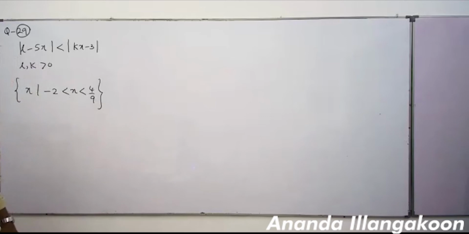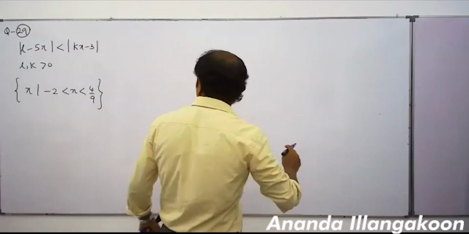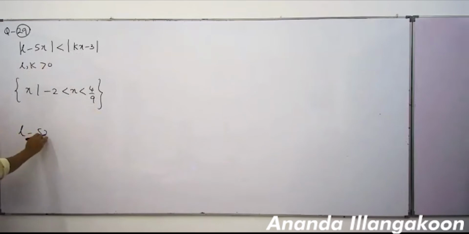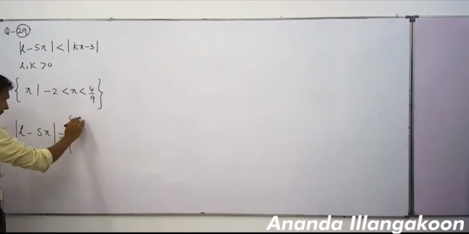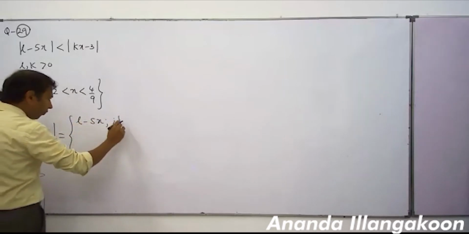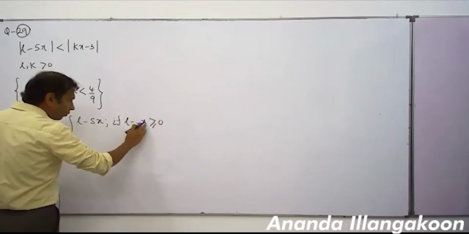Right. So first we define this mod of L minus 5x. When you define it, what do you get, people? The same L minus 5x we get if L minus 5x is greater than or equal to 0.